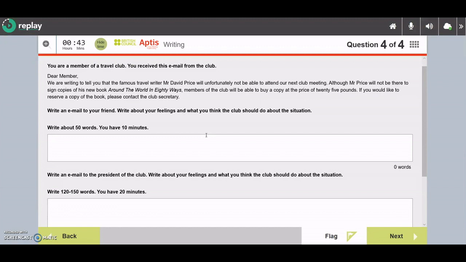You can use, however, you cannot use shorthand. So you cannot write BRB to mean be right back, or LOL to mean laugh out loud. All right? You have to actually write full sentence structures. Contractions are allowed.